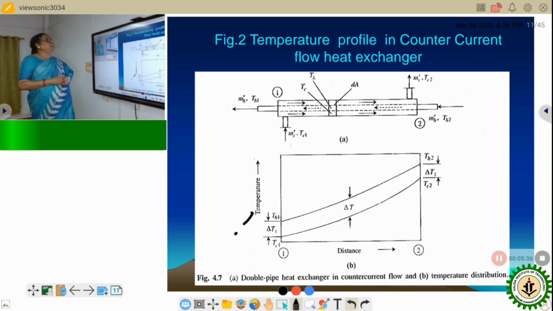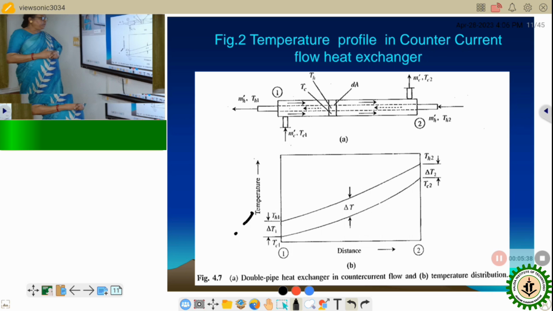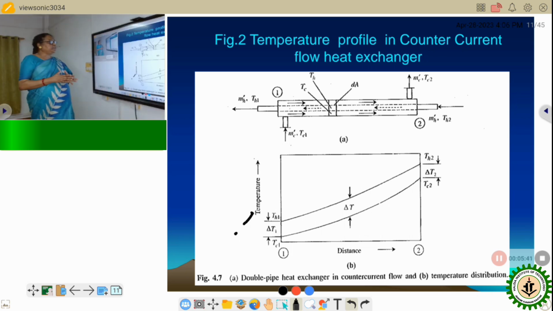And this is the figure of the counter current flow, where the two fluids, the hot and the cold fluid, are flowing. Hot fluid is flowing in the inner pipe and the colder fluid in the outer section. It is noted that Th2 is the highest temperature of the hot fluid, which is the entering temperature, and the exit temperature is Th1, and the entrance temperature of the cold fluid is given by Tc1, and it is leaving as Tc2.